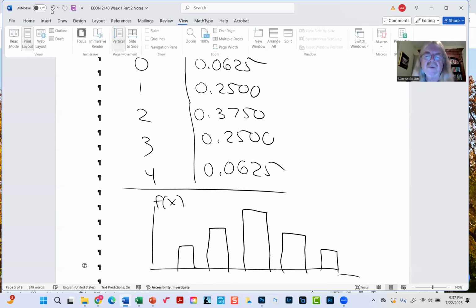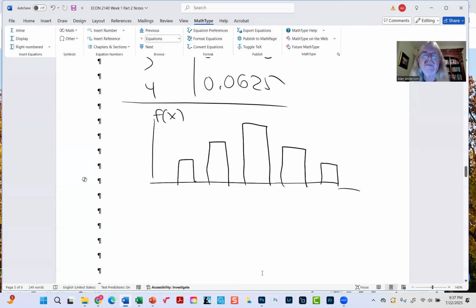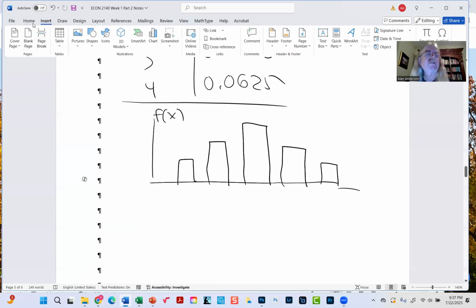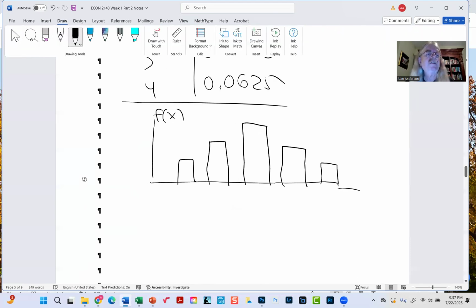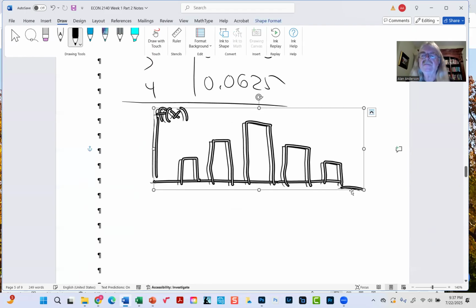Now, my drawing isn't perfect, but if you were to put together a histogram, actually, this is technically a bar chart because the bars aren't stuck to each other, but it's going to look something like this.